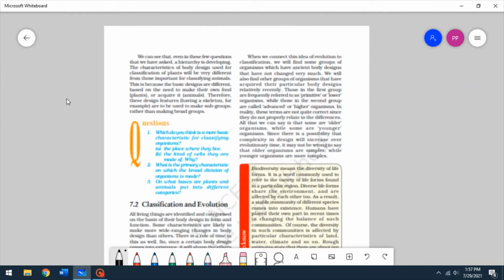So even in these few questions that we've asked, a hierarchy is developing. First we move from the most basic, prokaryotic and eukaryotic cells, and then we moved on to unicellular versus multicellular, and then we moved on to plants versus animals. And in plants and animals, we try to differentiate between simple versus complex plants and simple versus complex animals.